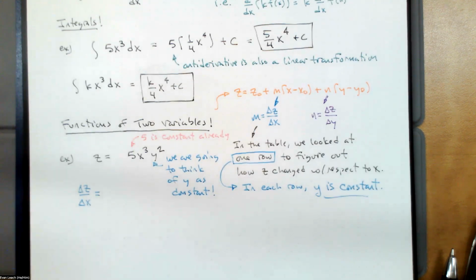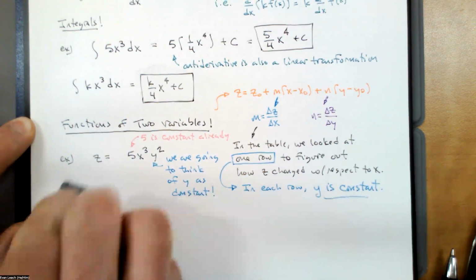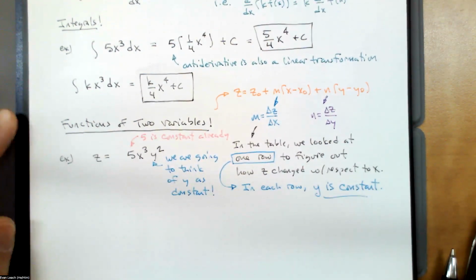what would delta z delta x be for 5x to the third y squared? Y is constant.